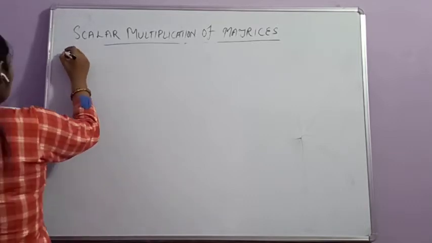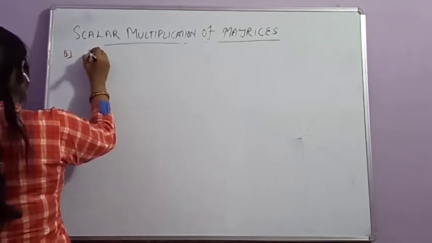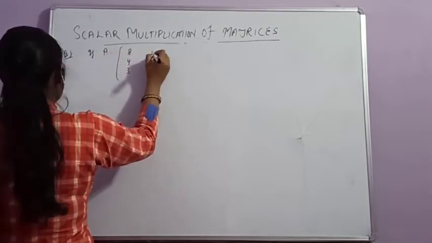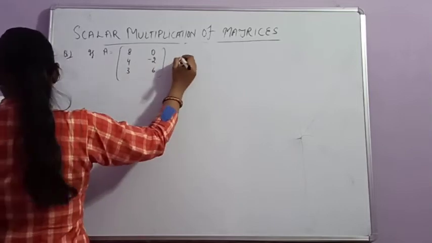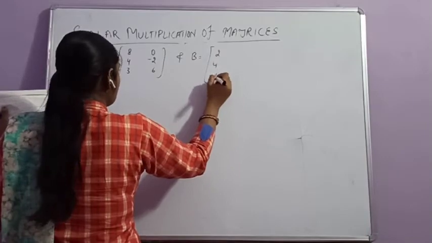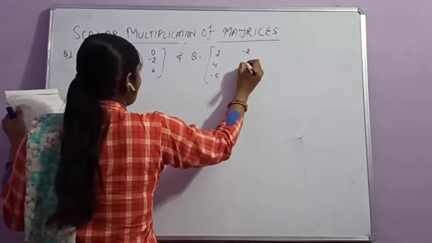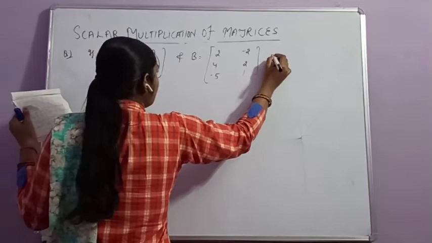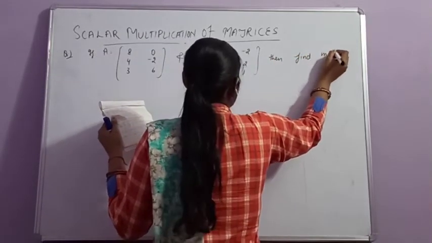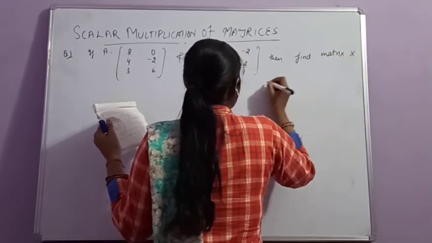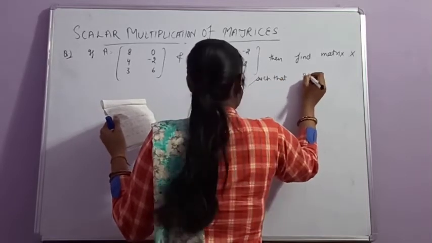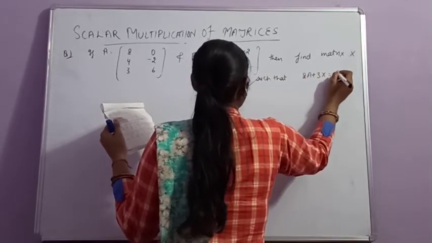For example, if A is equal to [8, 4; 3, 0; -2, 6] and B is equal to [2, 4; -5, -2; 2, 1], then find matrix X such that 2A + 3X is equal to 5B.